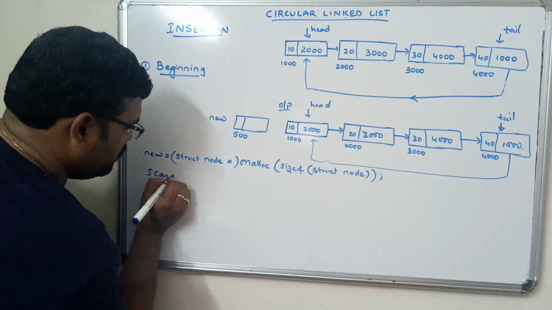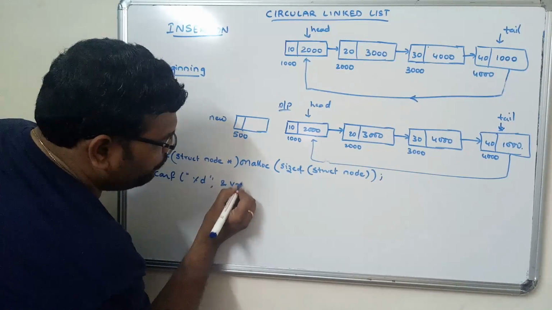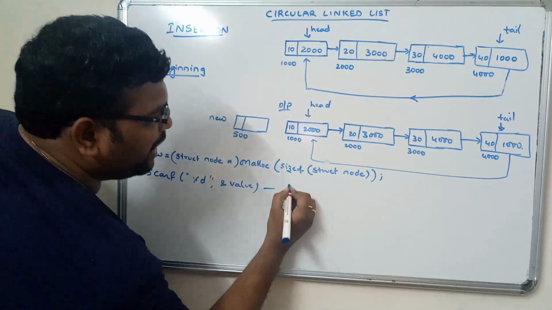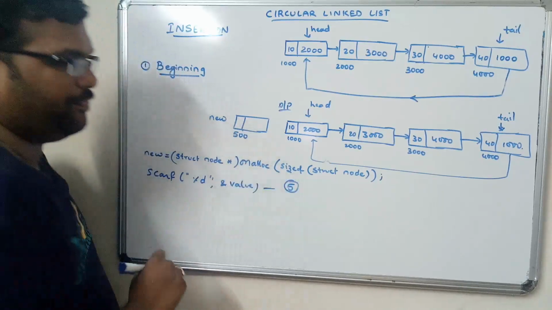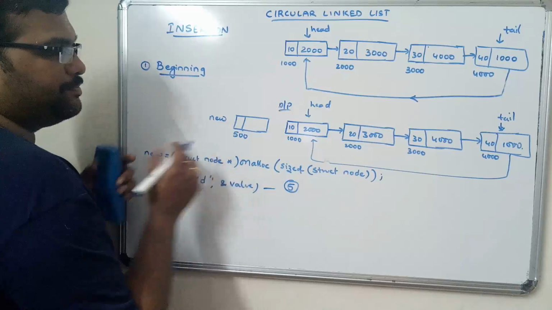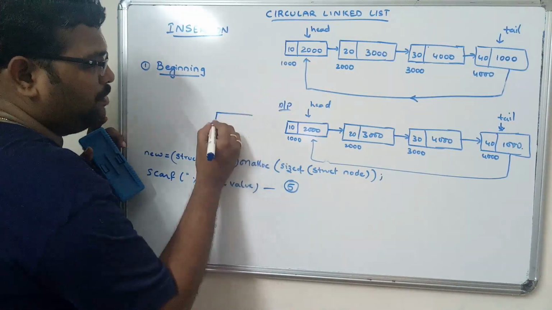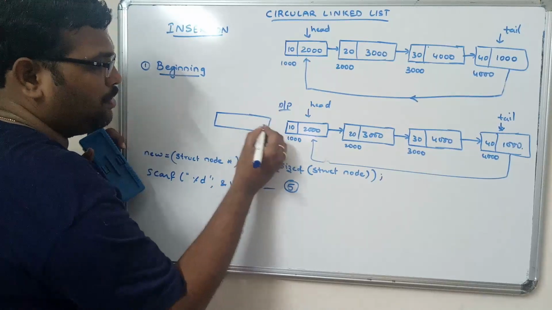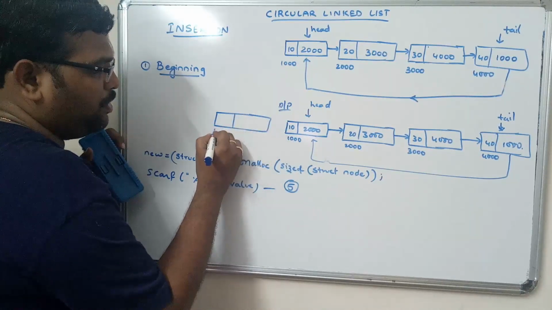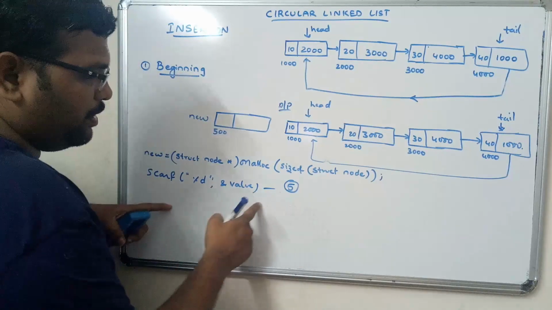So scanf %d ampersand value. Let the value be 5. The value is 5, so 5 should be inserted here. The address is 500, it is new, right?